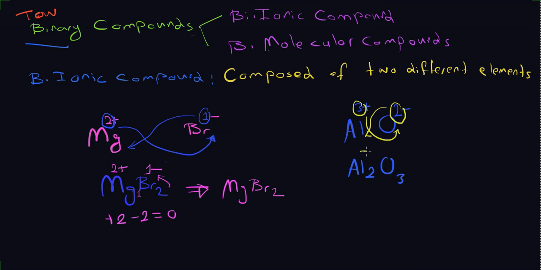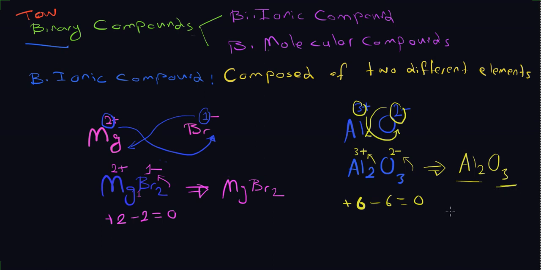How? Here you have plus 3, oxygen is minus 2, so you will multiply 2 by 3 is equal to 6, and you will multiply 3 by minus 2 is equal to minus 6. So the total number for a neutral compound is equal to 0. Now the compound is Al2O3. So one is positively charged, which is metal.